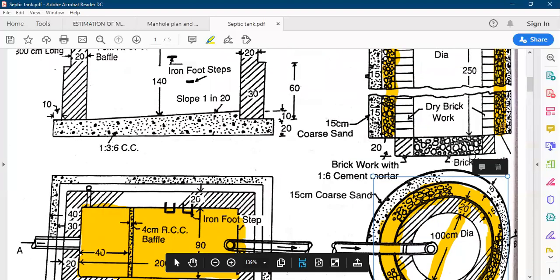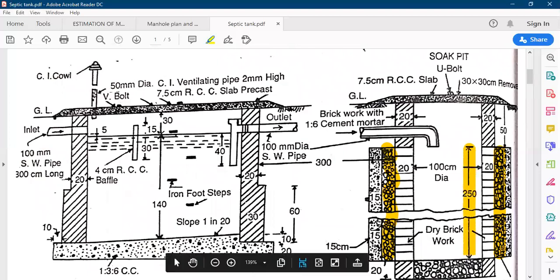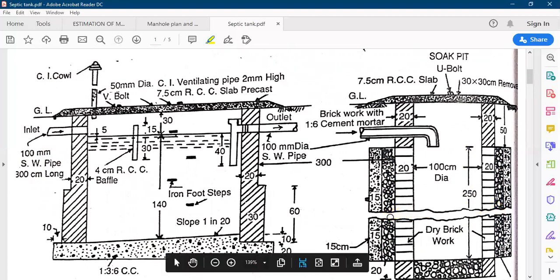The height of the brick aggregate is extended for 250 centimeter. This is the total height, and this is the average diameter, or center line circumference length, which has to be taken for the calculation. So this is the center diameter for the brick aggregate calculation, right?